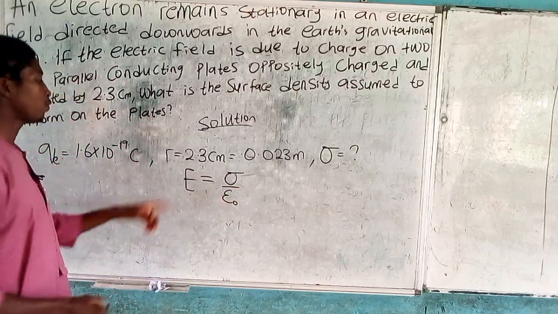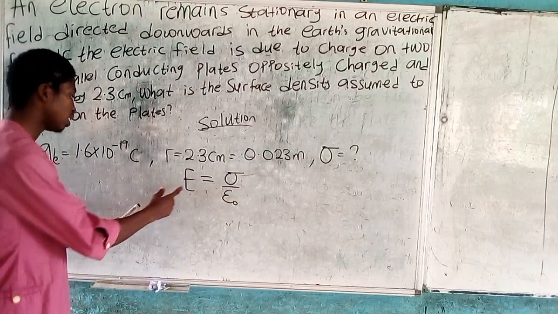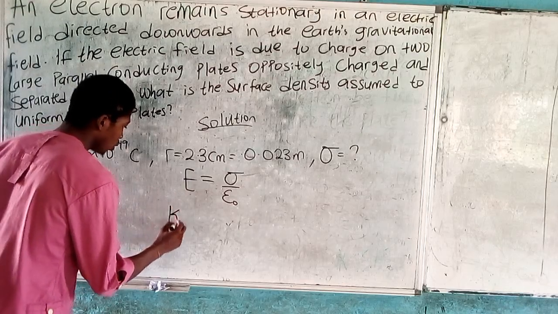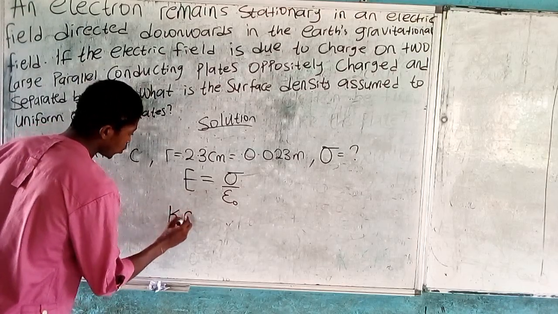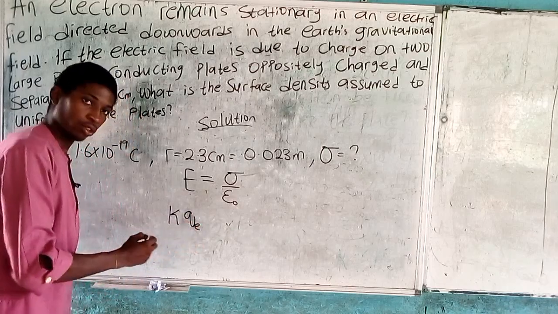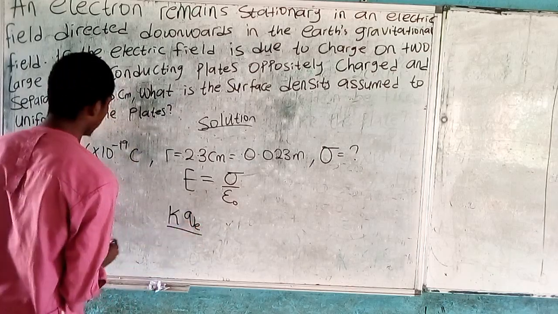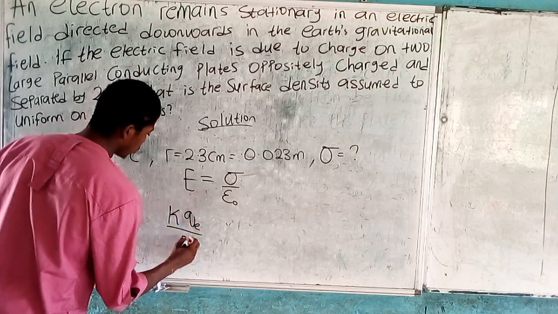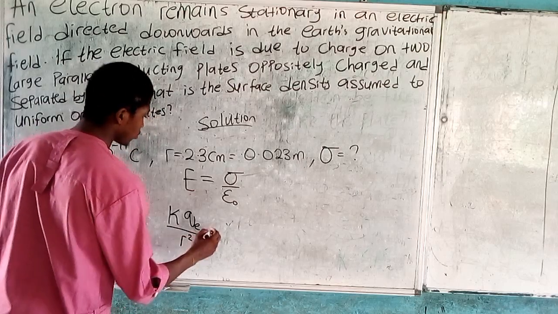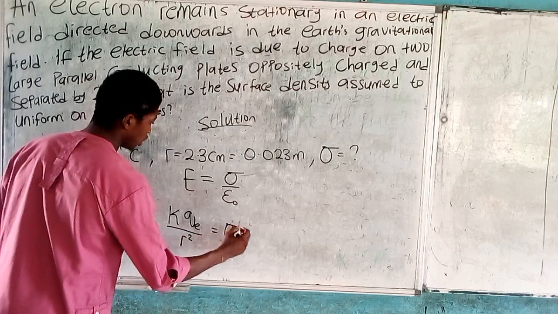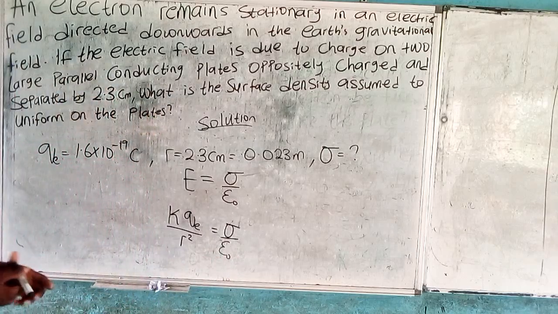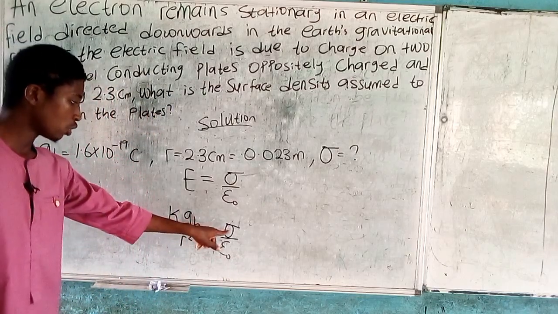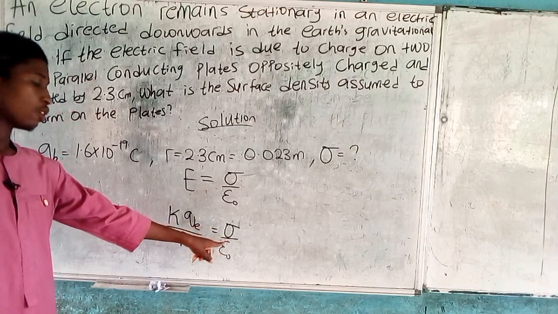But we can get electric field from K Q, the charge of electron, divided by R squared, which equals the surface charge density over epsilon naught, right?